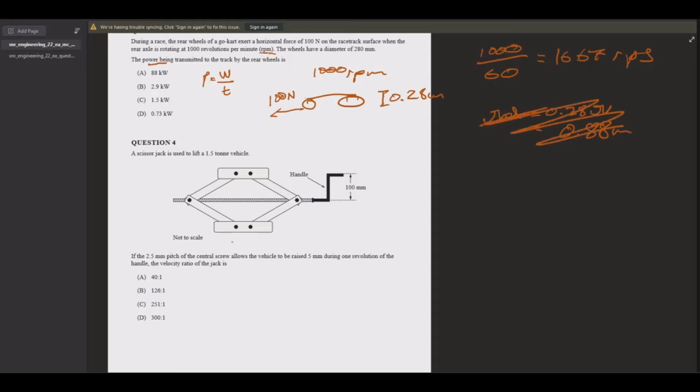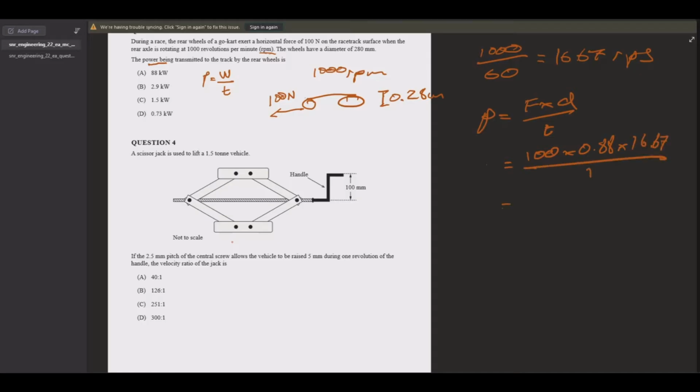So now that we know that, we're just going to say power is force times distance over time, which is 100 times 0.88 times 16.67, the revolutions, divided by 1. And that is 1,467 kilowatts. And that's going to give us C.